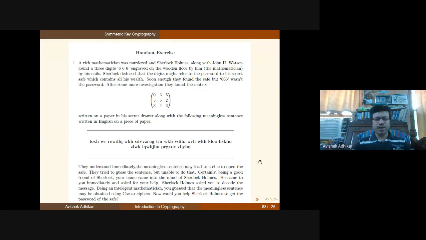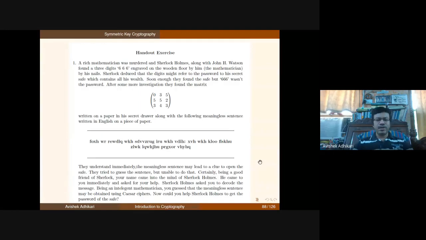Being a good friend of Sherlock, your name came into the mind of Sherlock Holmes. He came to you immediately and asked for your help. Sherlock Holmes asked you to decode the message. Being an intelligent mathematician, you guessed the meaningless sentence may be obtained using Caesar cipher. Now, could you help Sherlock Holmes get the password of the safe?